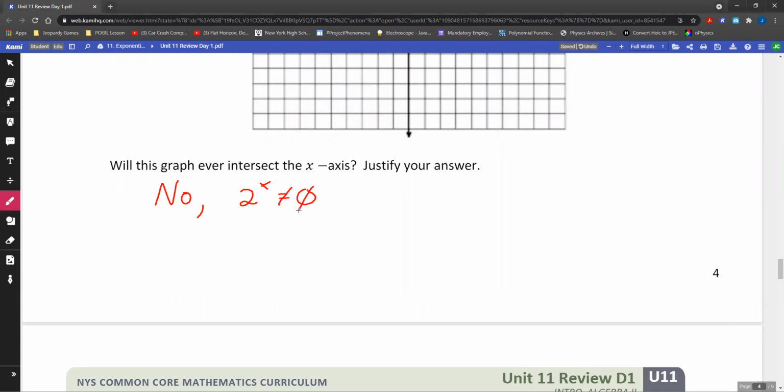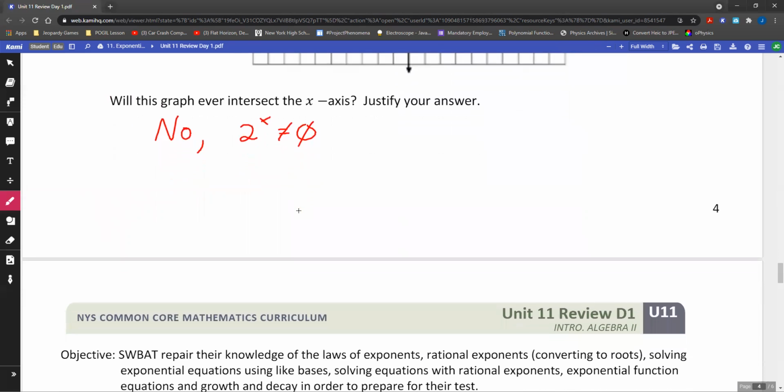You could also say that there's no way to get a negative number for this, since raising a positive number to any exponent will always give a positive number. You could say that because it's just a standard exponential equation, it's always going to be above the x-axis, and the x-axis is an asymptote of it.